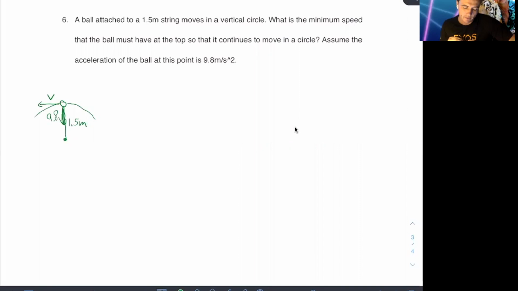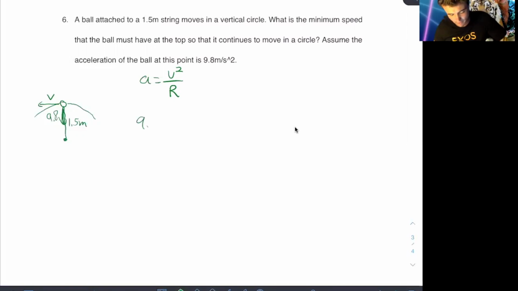I didn't even really need to give you the acceleration here because you could assume that the acceleration is due to gravity, which is 9.8. So we have this equation, acceleration equals velocity squared over r, and we can use this equation to find our velocity.